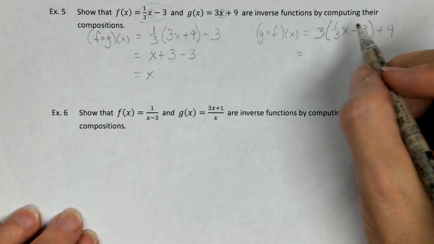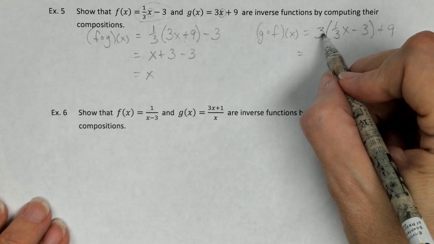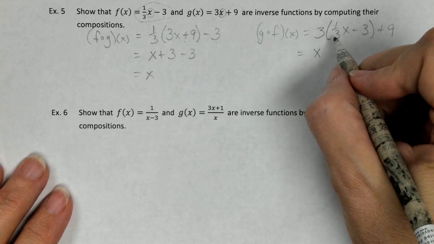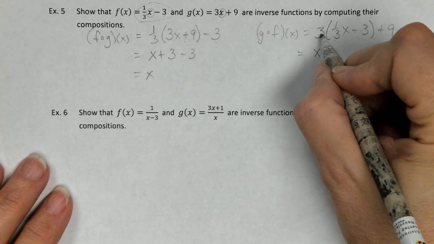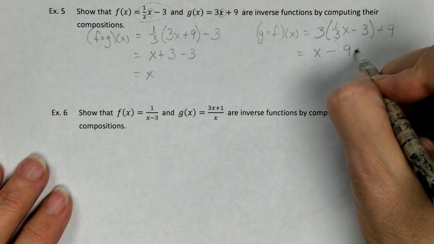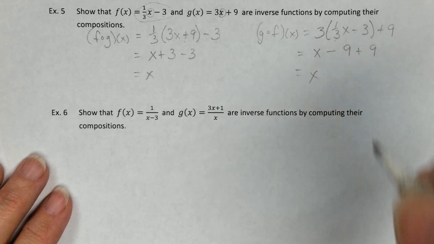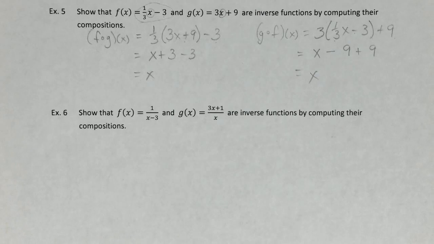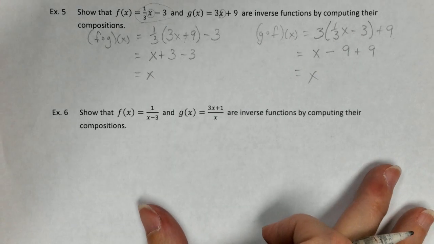So this would be, okay, distributing, we have 3 times 1/3 is 1, so x minus 3 times 3 is 9, plus this 9, the 9's cancel, and we get x again. There, we have shown it. Okay, that's all you do. Same thing you've already been doing.